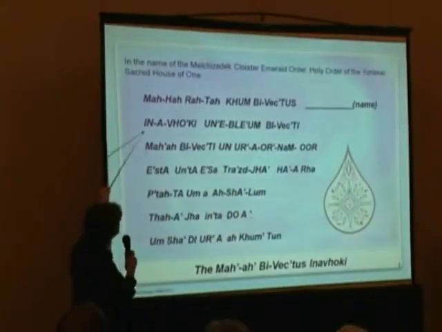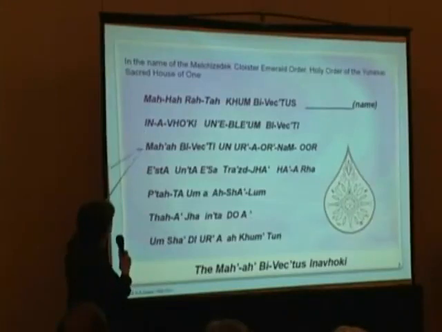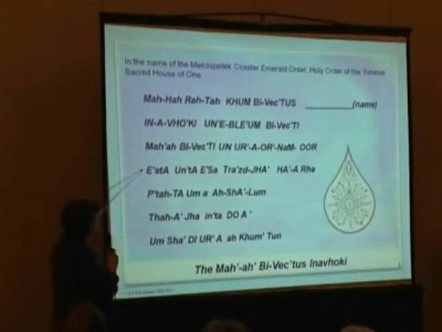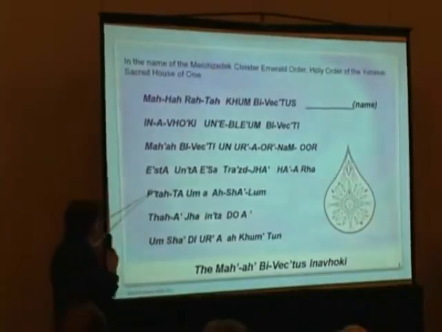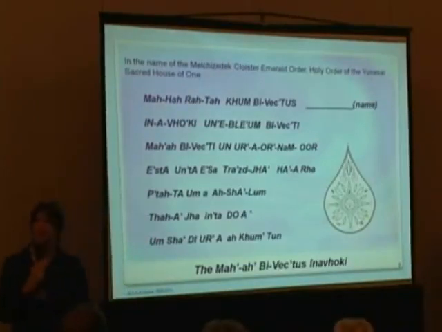Inevo kai un iblium by vectai, ma'a by vectai, un ure ur nam ur, iste unte isa trajda he hera, petate a shalom, taeja intadoe, shadai ure akumtan. And we say that last line 3 times. Okay? So on 3, 1, 2, 3.